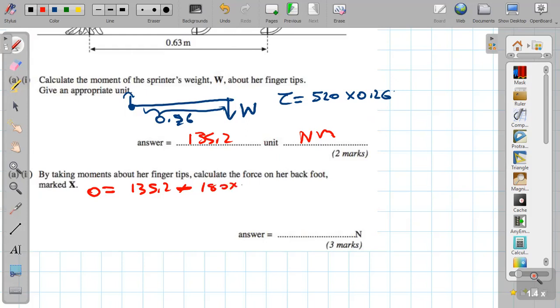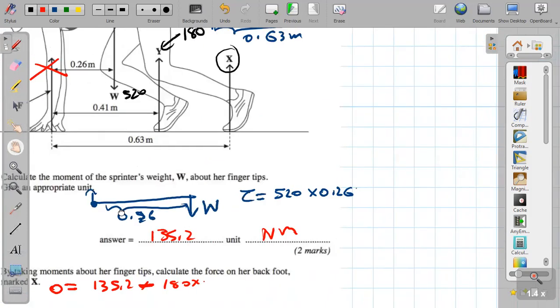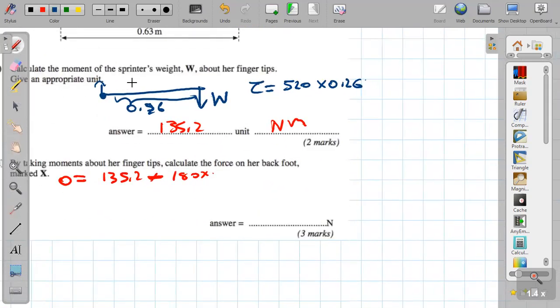What is the distance here? It is 0.41 plus any force, I don't know, times 0.63. Got it?